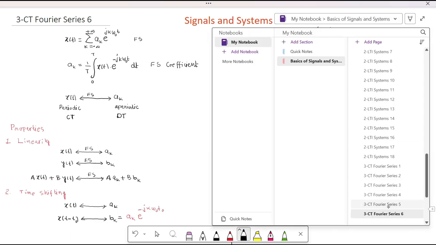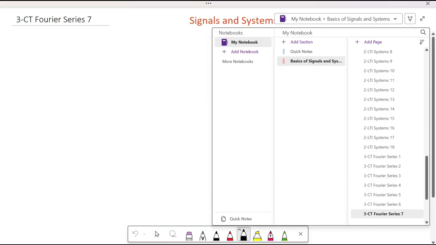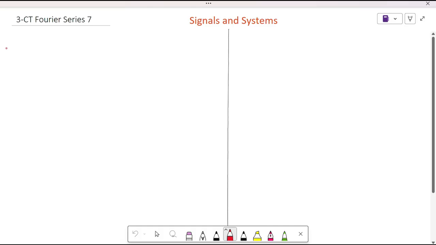Next we go for the next property, frequency shifting. The third one is frequency shifting.